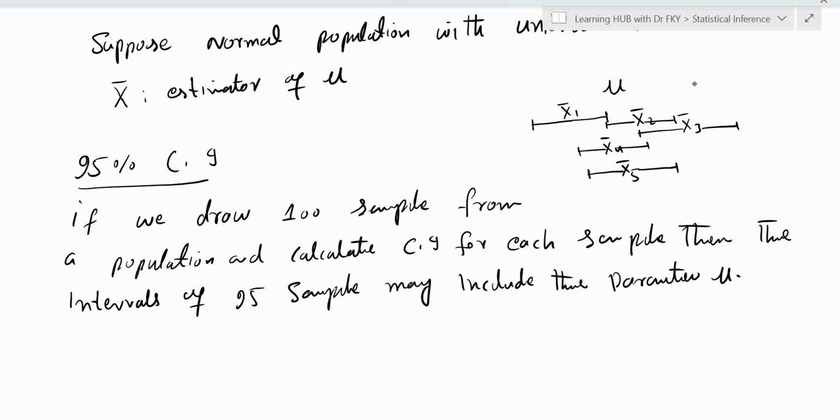For 95%, of course, 5 may not include the parameter, but 95 samples out of 100 may include the true parameter. So this is the interpretation.